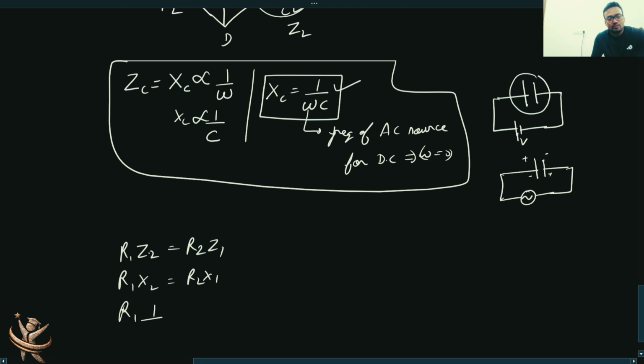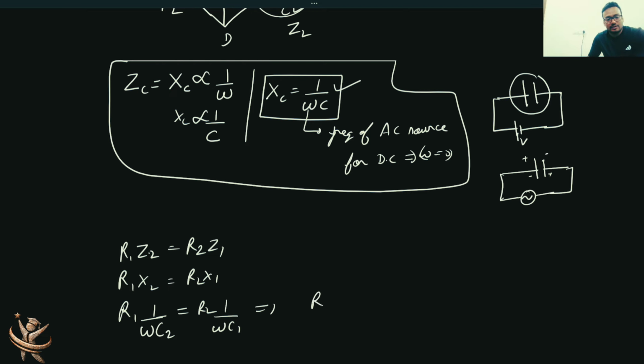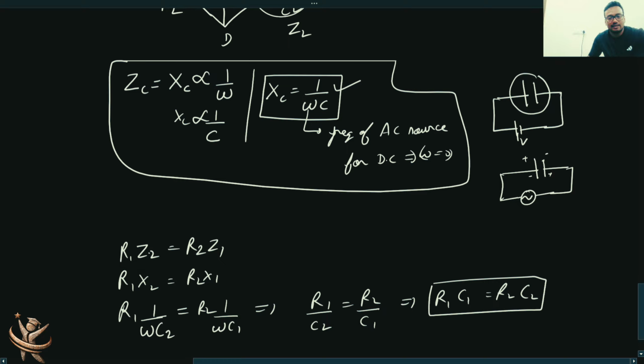X2, that is 1 by omega C2, equals R2 times 1 by omega C1. So it is R1 by C2 equals R2 by C1. So that will give you R1 C1 equals R2 C2. That will be your balanced condition for this particular case, right?